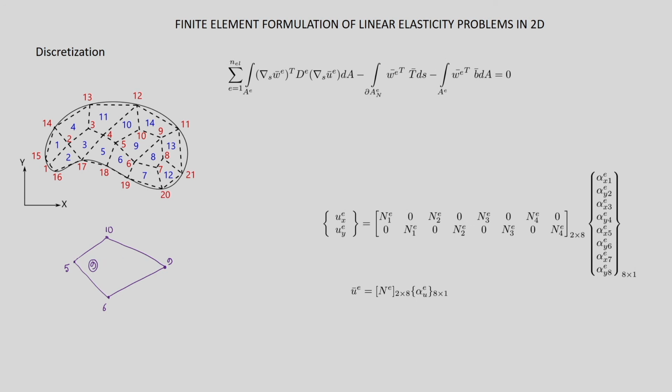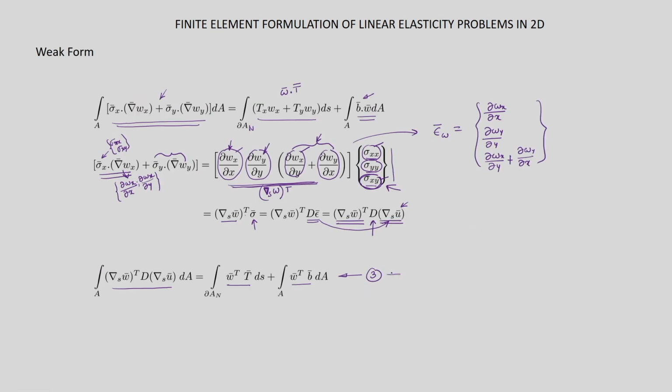Now what we have done first is in the weak form. On the left hand side we have integrated this term over a particular element, A E, and summed it up over all the elements. This is the same as what we got in the first slide in equation number 3, which is over the entire area.